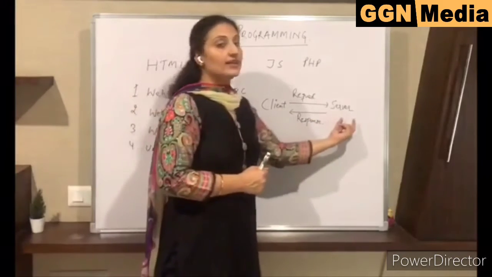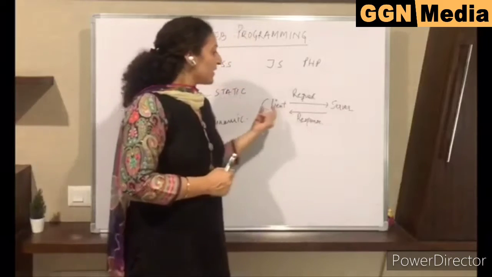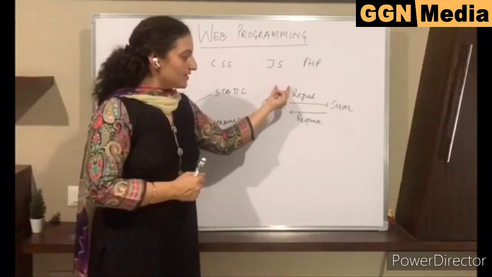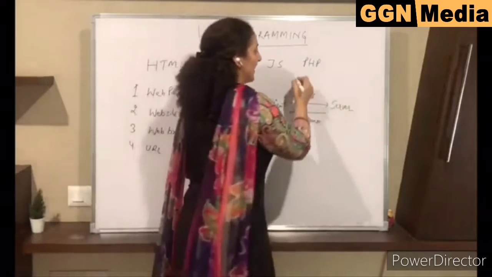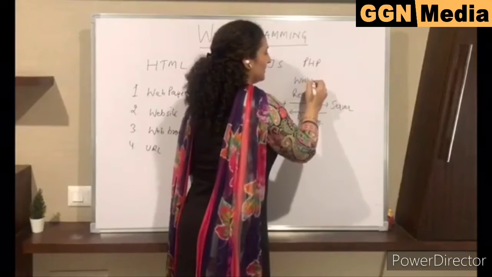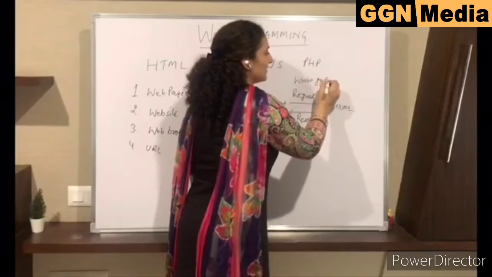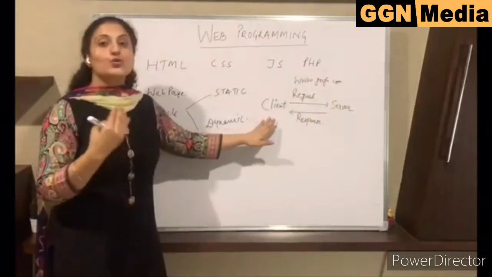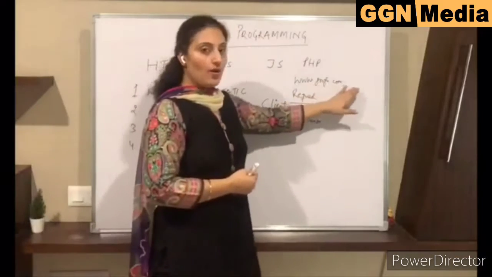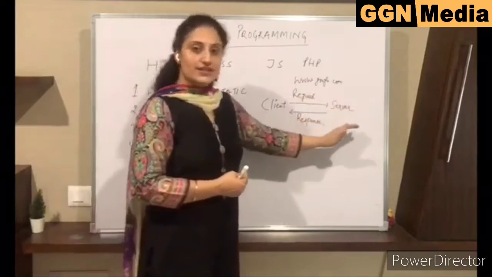One is client and the other one is the server. The client sends the request to the server in the form of a web page address. For example, the web page address is google.com, which means the client wants to see the page google.com and sends the request to the server.